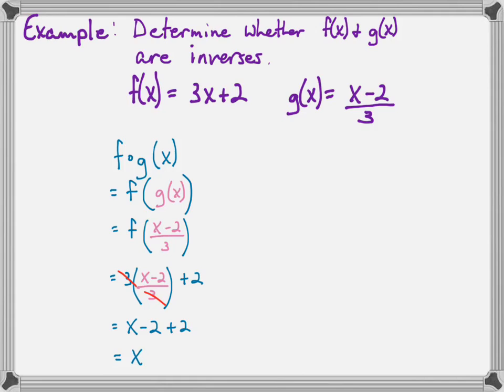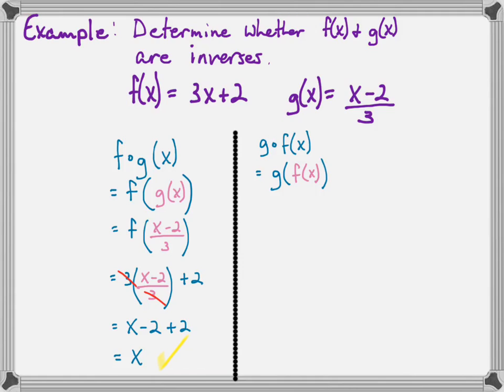And in order to make sure that they're really inverses, we have to do it the other way as well. So here's g compose f. That means g of f of x. Now I replace f of x with what f of x really equals, which is 3x plus 2. So 3x plus 2 minus 2 all over 3, because what I did was I plugged the pink stuff here in place of x.